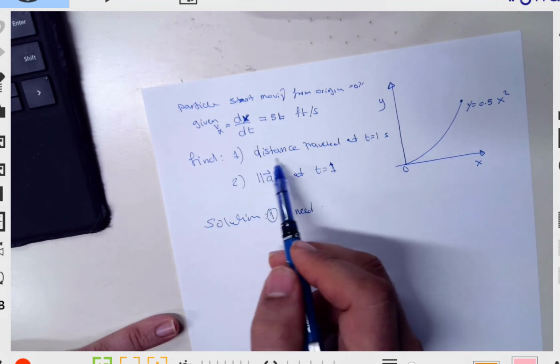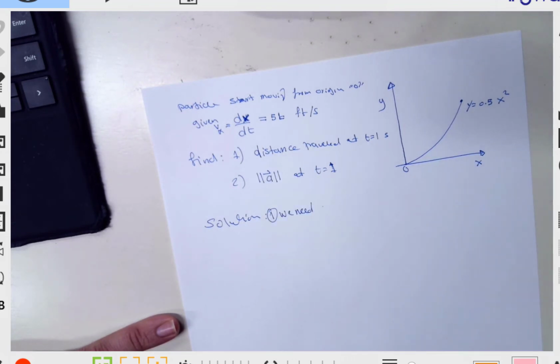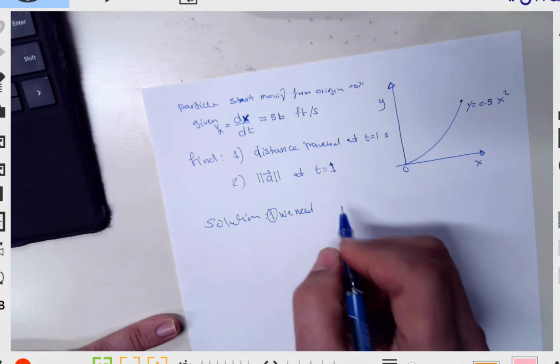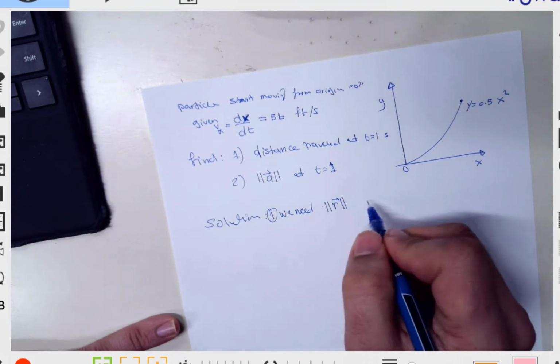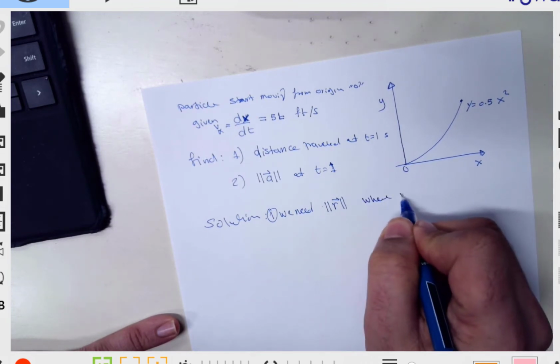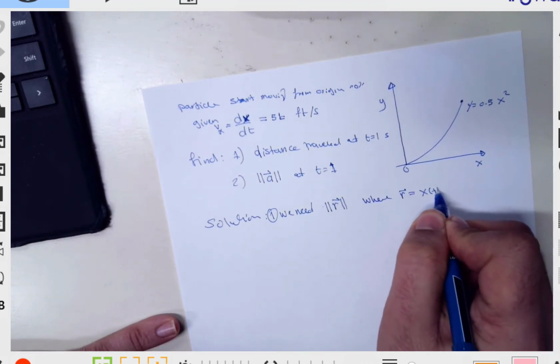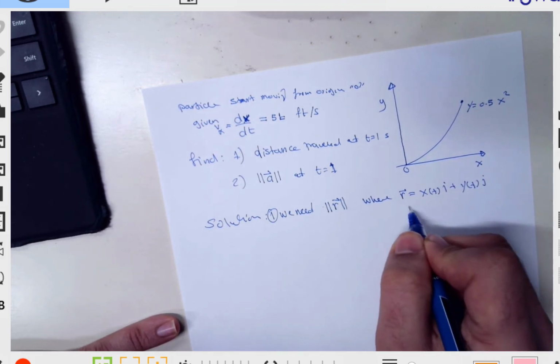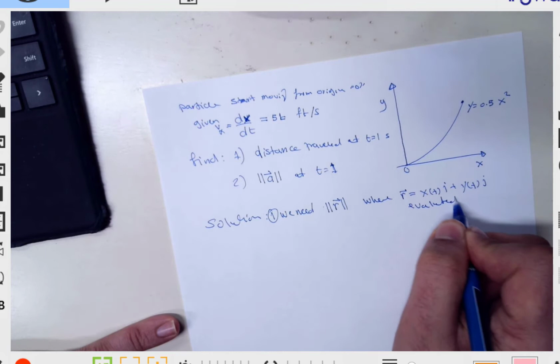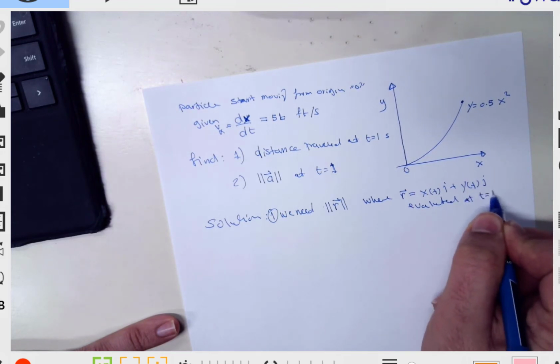For the first part, the distance traveled, it means simply find the norm of the position vector, where r is equal to x of t i plus y of t j, evaluated at time equal to 1.